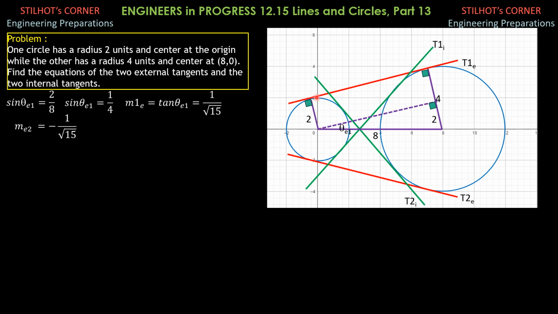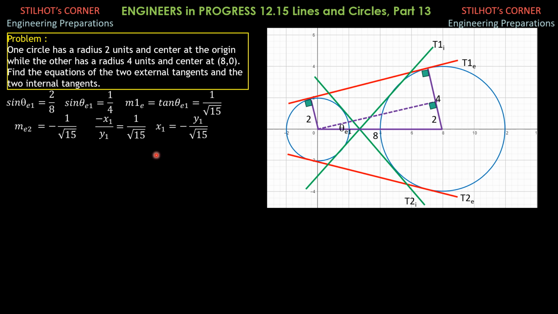Since the opposite side is x1, which is expected to be negative, and the adjacent side is y1, therefore negative x1 over y1 equals 1 over square root of 15, because we anticipate that x1 is negative in the second quadrant. Take note of that. So therefore, x1 is negative y1 over square root of 15.